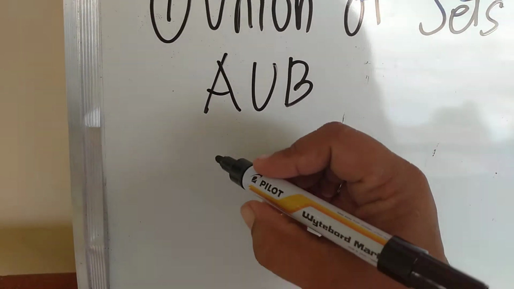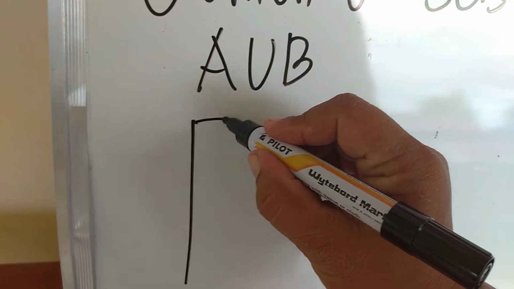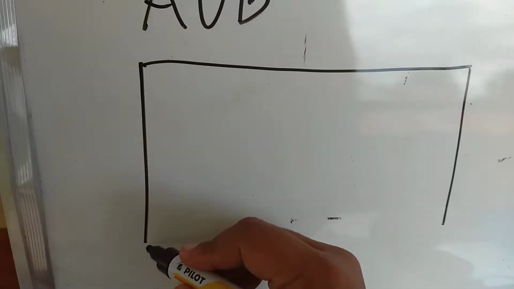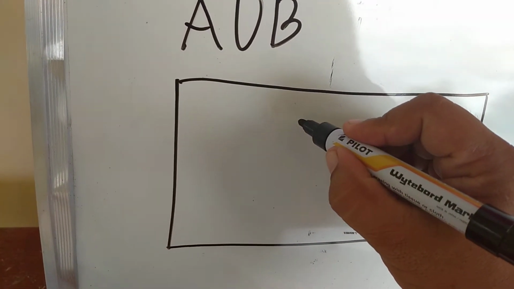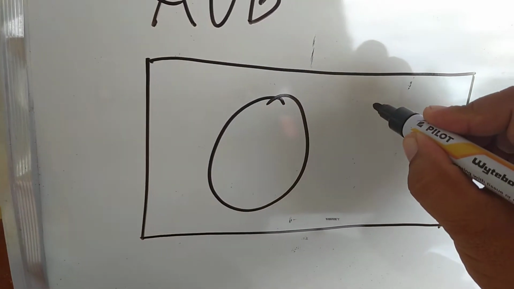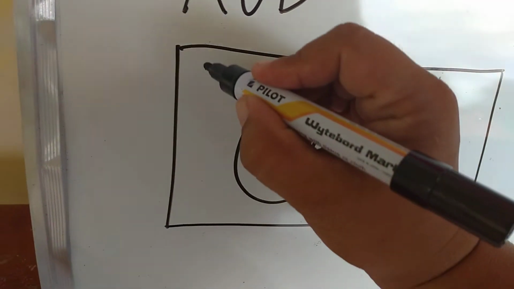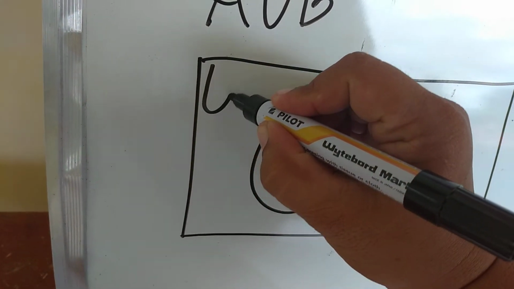So we have here an illustration. This is your set A, set B. Okay, your universal set.